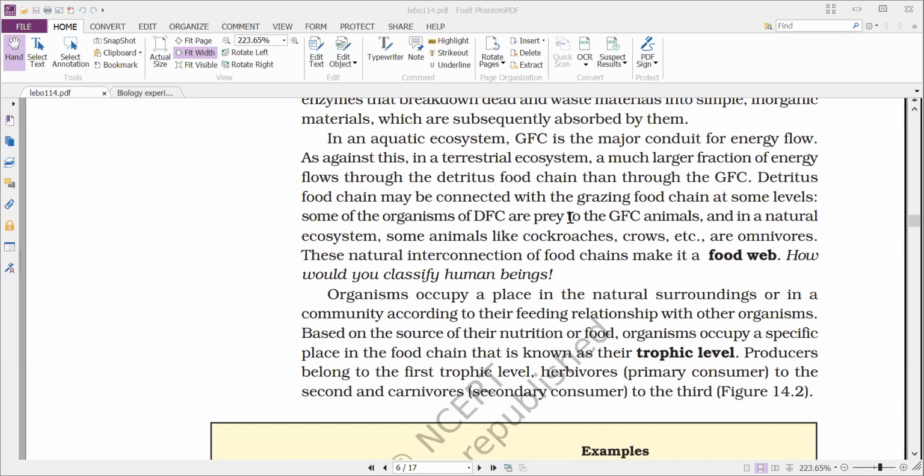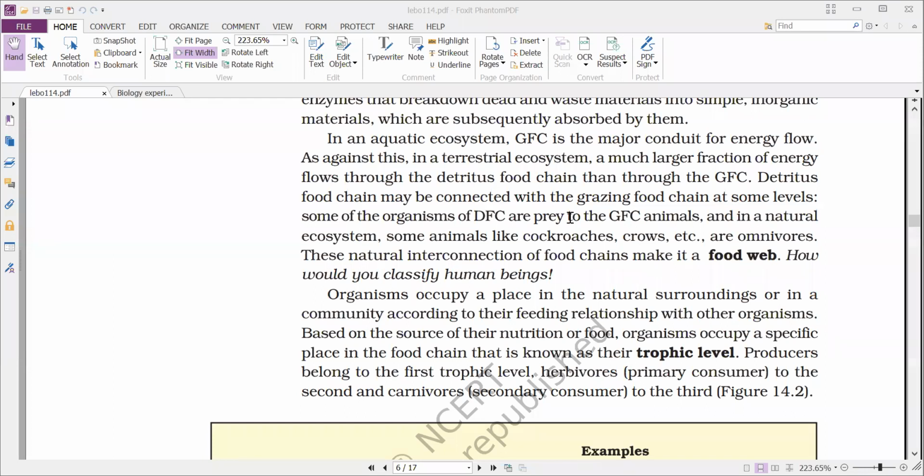Eagle. So when you observe here, this bird is not only eaten by another large bird, that bird will be eaten by some other organism also. Snake.